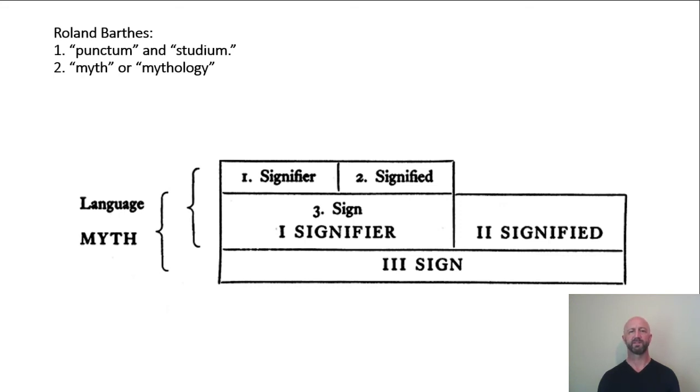semiological systems, the sign itself, doesn't just stop at one order. For instance, an apple, that word gives you the mental image or signified of apple, and together they create this sign.